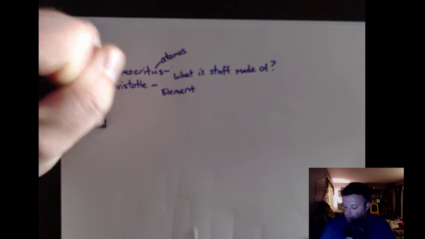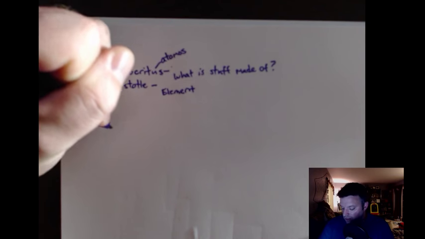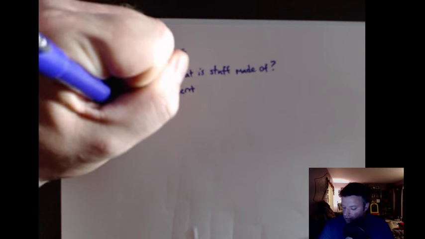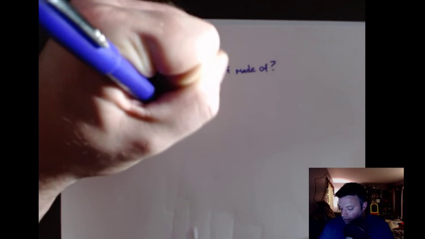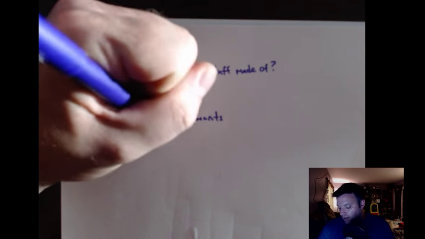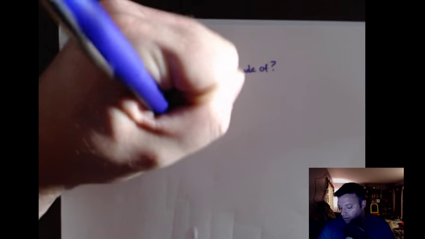All right, then it wasn't until another couple thousand years that you had Dalton. Okay, and Dalton did experiments on matter. That's the big thing. He did experiments about matter. He thought that atoms were unbreakable.